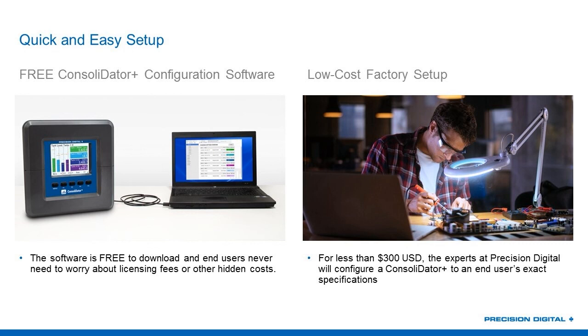So again, just to make the comparison once more, rather than paying $5,000 to $15,000 for a PLC and the software and the programming and all that, you can spend maybe $2,000 on a ConsoliDator and less than $300 on the actual configuration. So a lot of cost savings here.